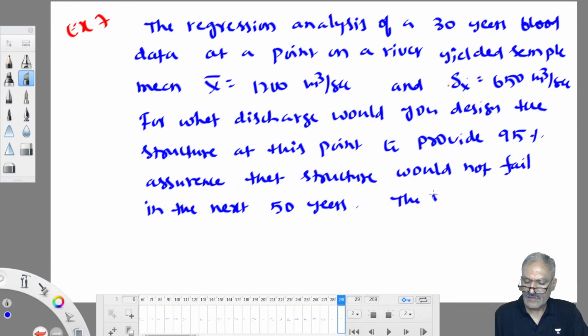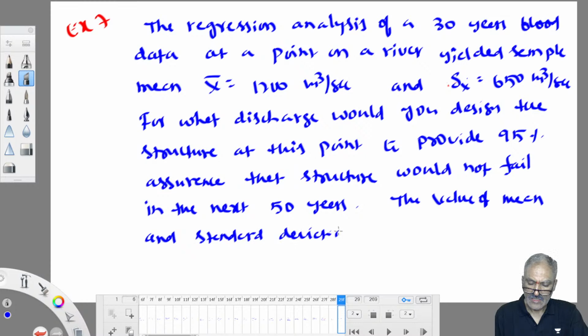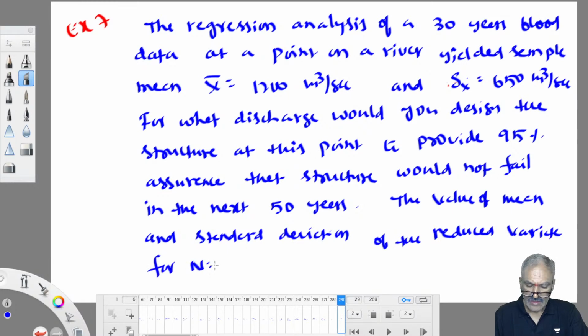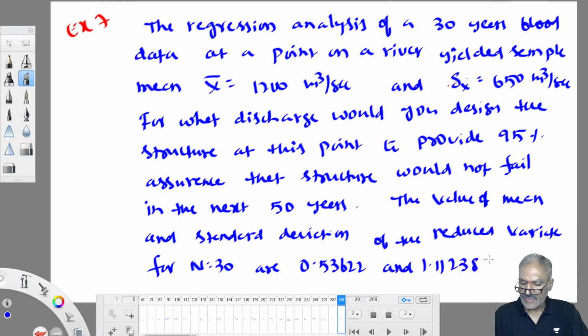The values of the mean and standard deviation of the reduced variate for n equal to 30 are 0.53622 and 1.11238 respectively.